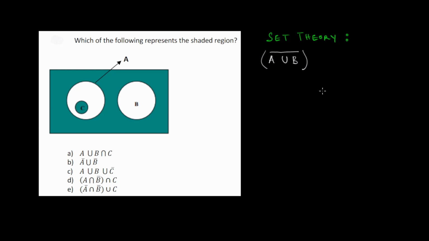So we are taking the complement of the union of A and B. This should represent the outer part which is shaded. But we also have this C. So to accommodate this C, it's just going to be a union of C. Something like this.